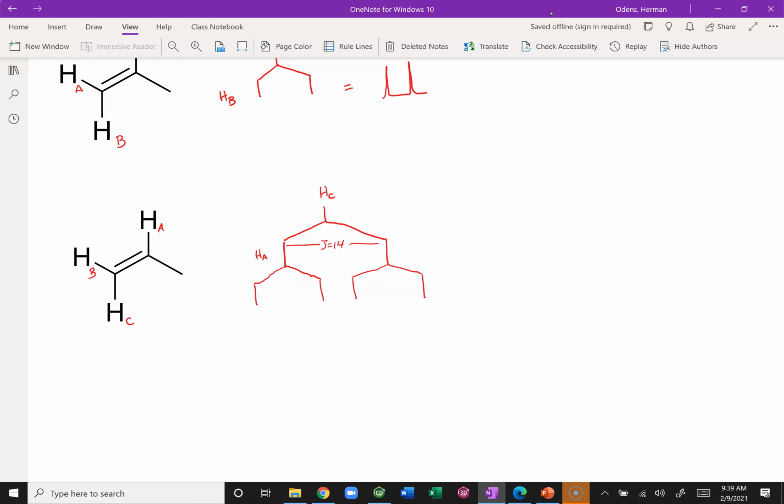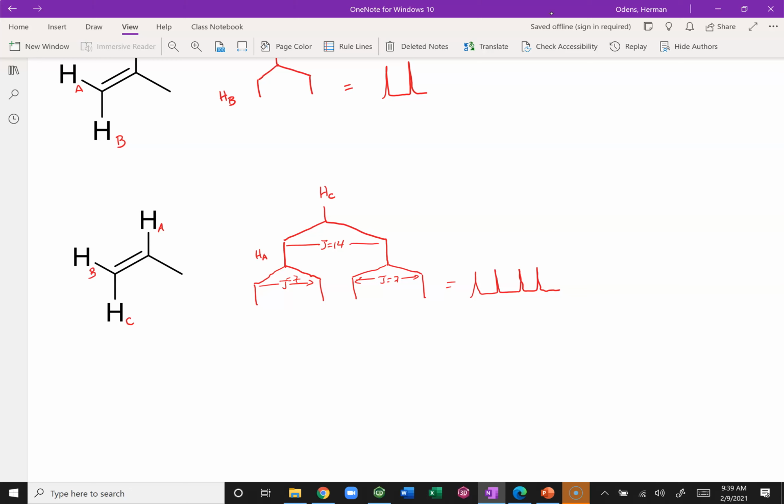All right? And so now these J couplings are a little bit smaller. Let's say these are 7. And so, but the original J coupling is 14. And so now this signal for HC will be approximately something that looks like a quartet, but it's not really a quartet. It's actually a doublet of doublets.